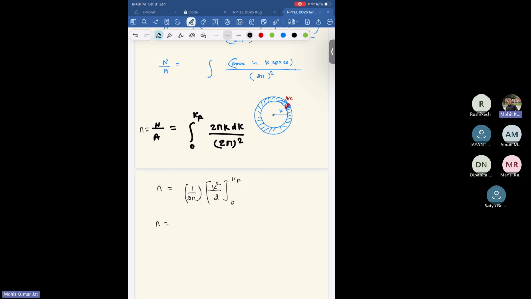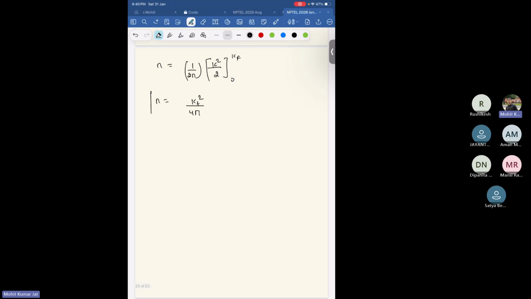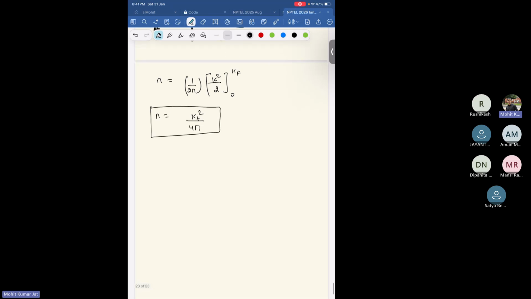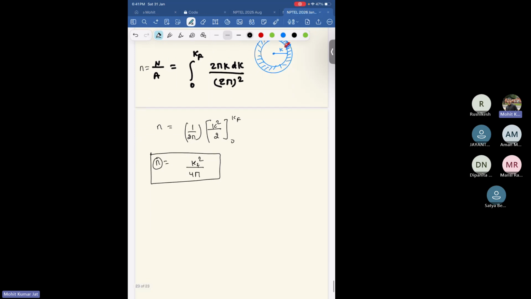So n will be kf square by 4 pi. So this will be the relation between the Fermi wave vector kf and the carrier density n. This is for when there is no degeneracy.